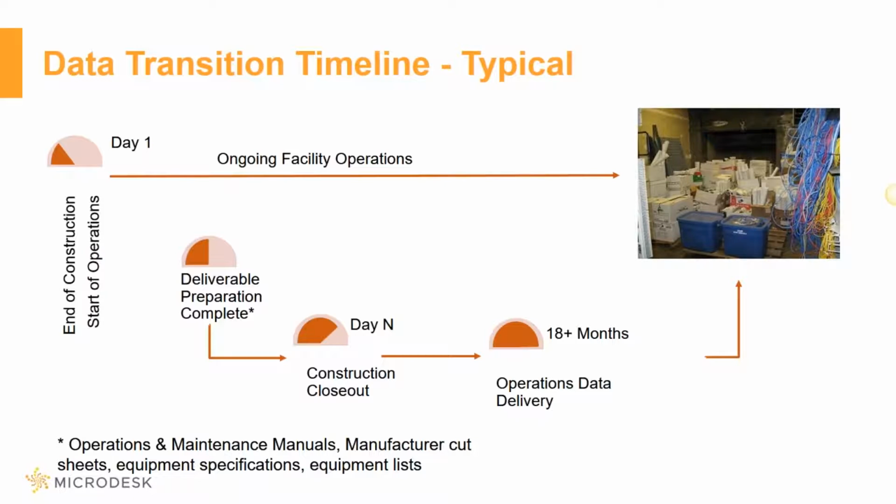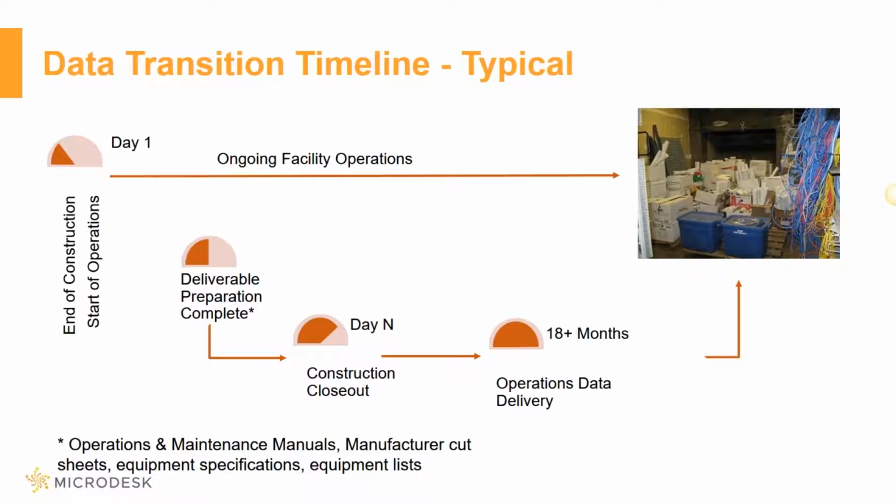So at some point after operations start, they have prepared the operations and maintenance manuals, the cut sheets, equipment lists, warranty information, and then some period after that, there's a construction closeout, which is typically, I'm going to deliver the information, and we're going to take care of all the financial closeout. There's punch lists that are being developed during this period as well, and then the contractors are going to be dealing with those last-minute punch list items. But all the while, the facilities group is performing operations and taking care of the facility.